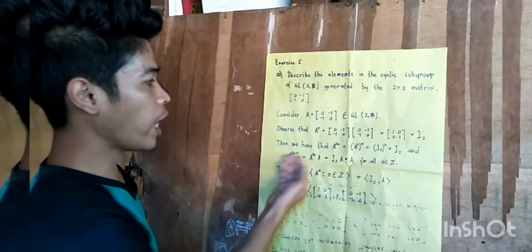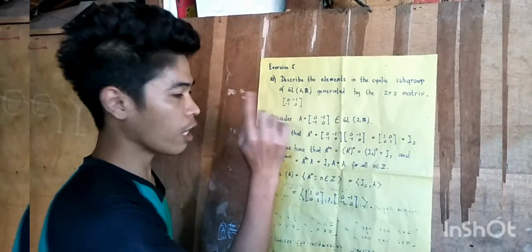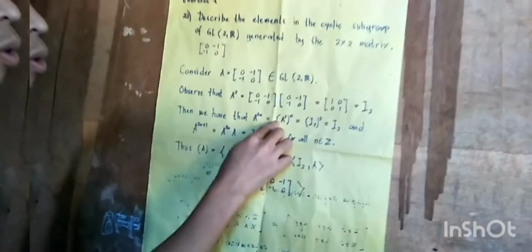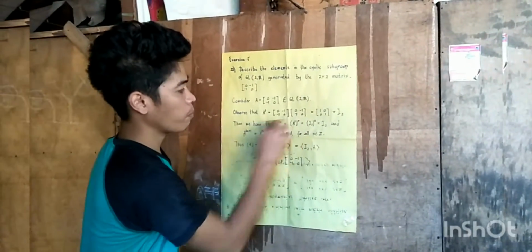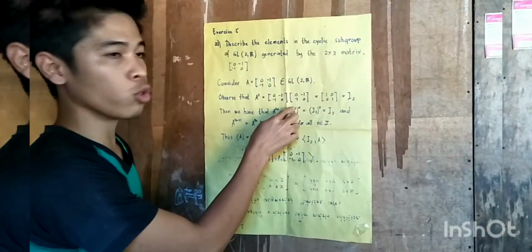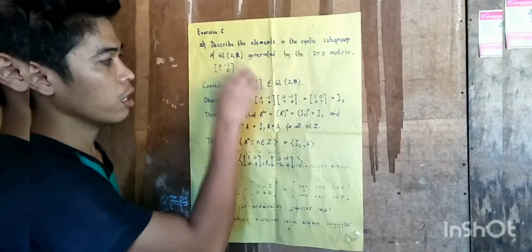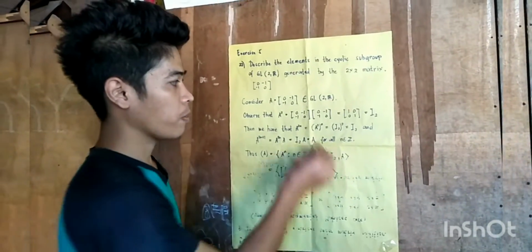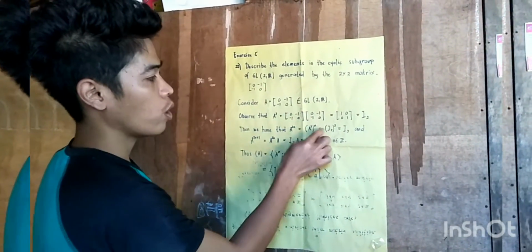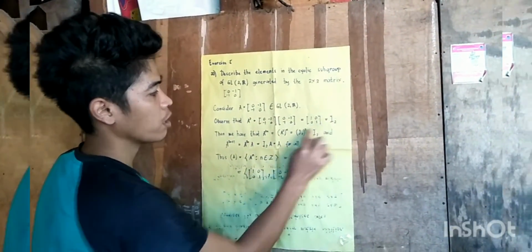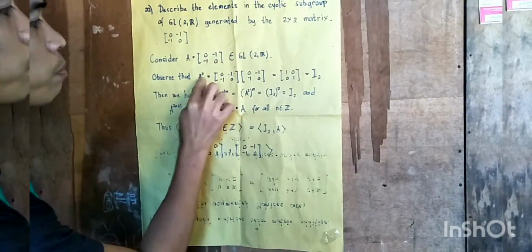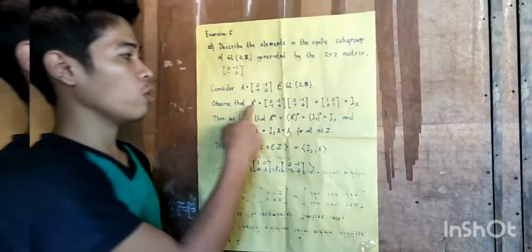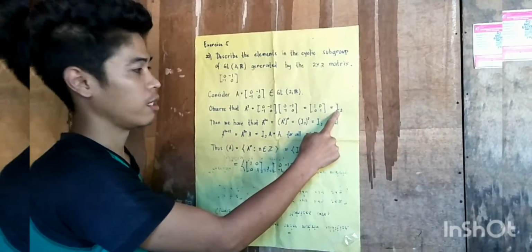Then we have that A raised to 2n is equal to, by using the exponent rules, A squared raised to n, which is equal to I sub 2 raised to n, which is the identity matrix, because A squared is equal to the identity matrix.